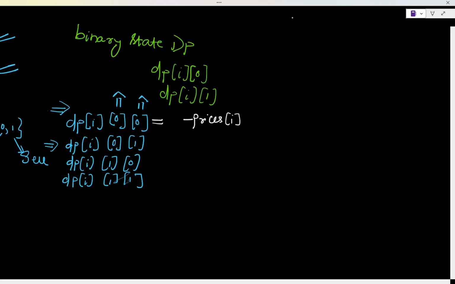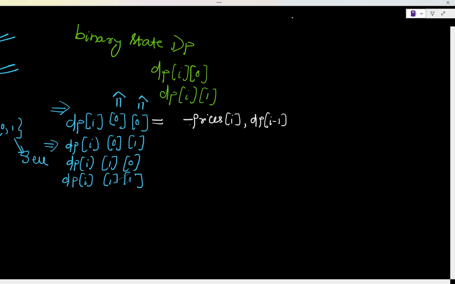Or there is a better choice that I have encountered before, which will be dp of I minus 1. Since we keep optimizing the states of dp at each step, I can safely assume that dp of I minus 1 has the most optimal arrangement till that state.